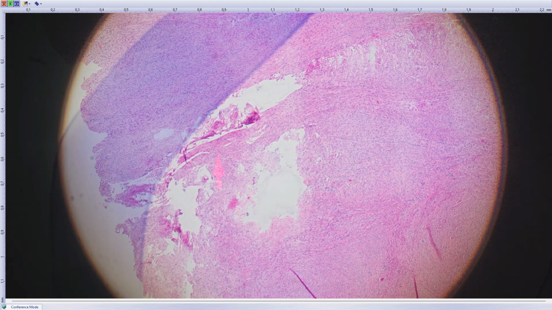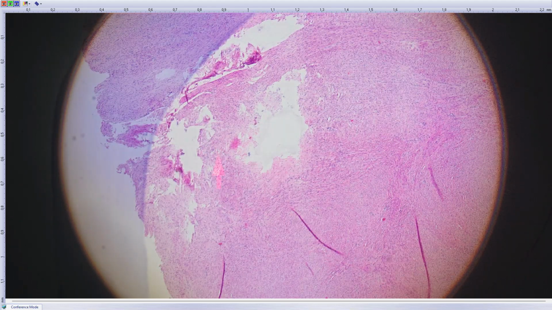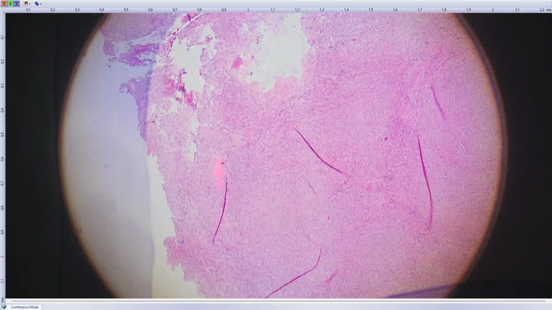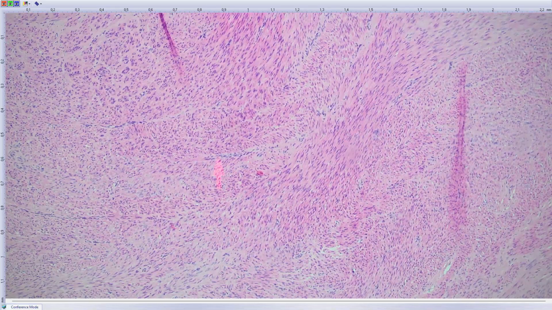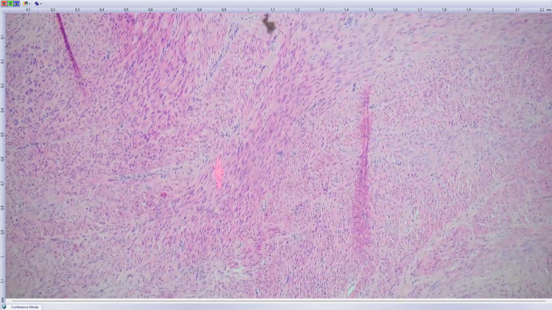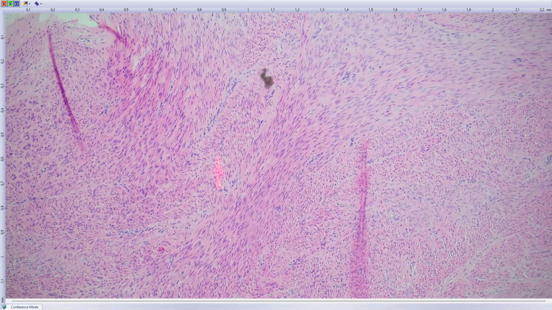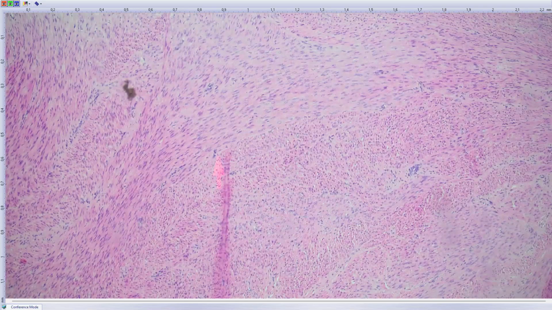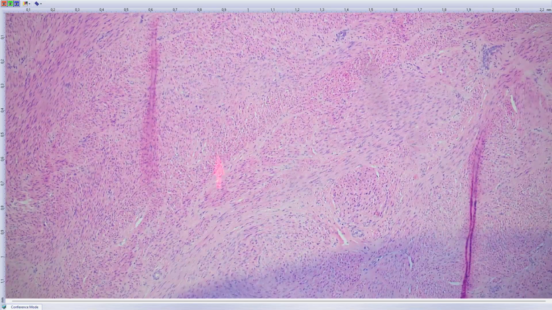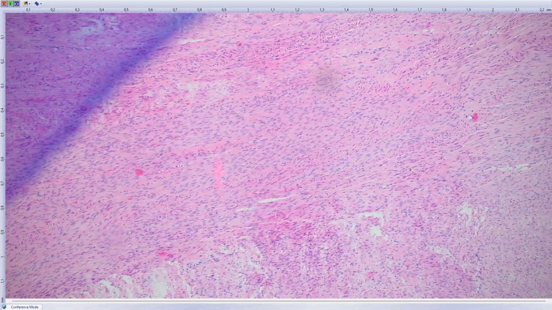The submitter was asking whether this is a STUMP, a smooth muscle tumor of unknown malignant potential. And I think you can see right away that this is indeed a smooth muscle tumor, with very pinkish cytoplasm, elongated spindle cells, and it's quite cellular, which is common in the uterus.